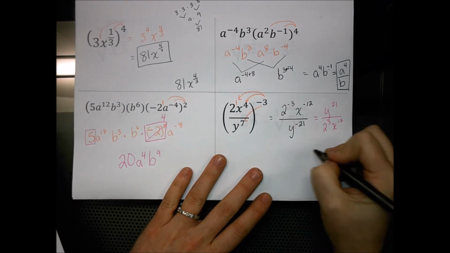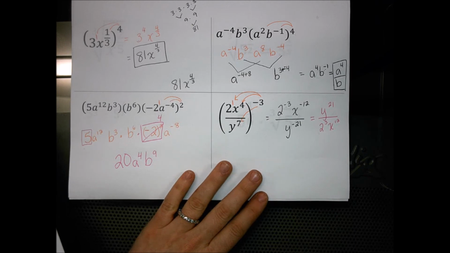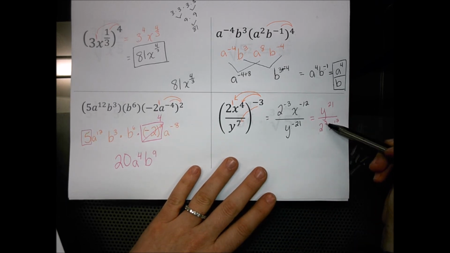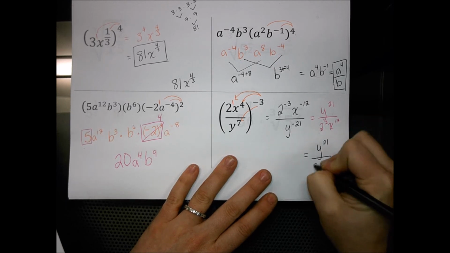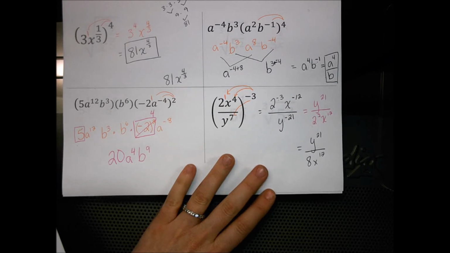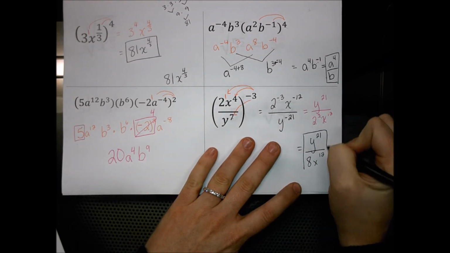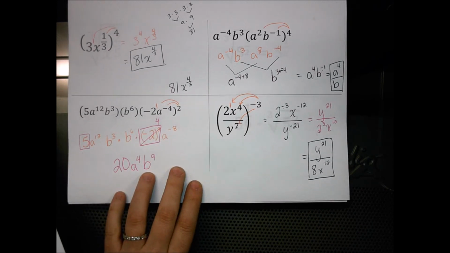And then is there anything else I can simplify? 2 to the 3rd? Yeah. Which is equal to 8. Very good. Anything else I can simplify? No. Questions on any of those first 4?